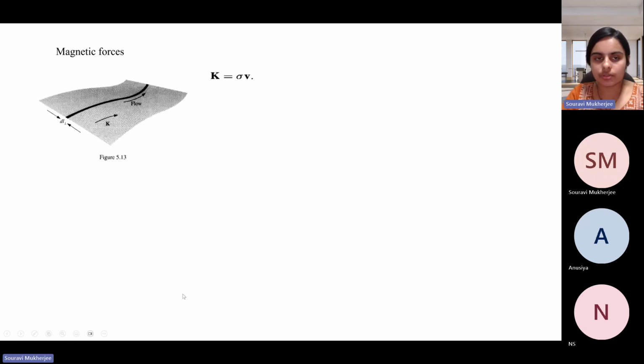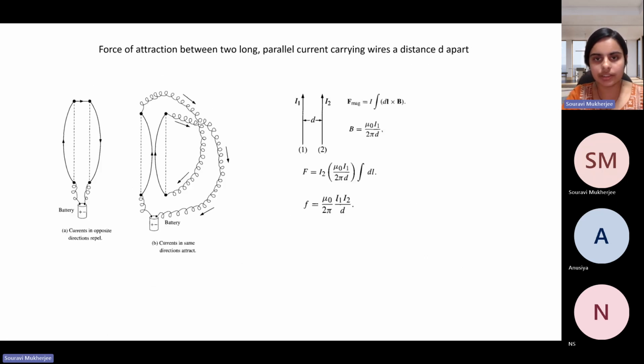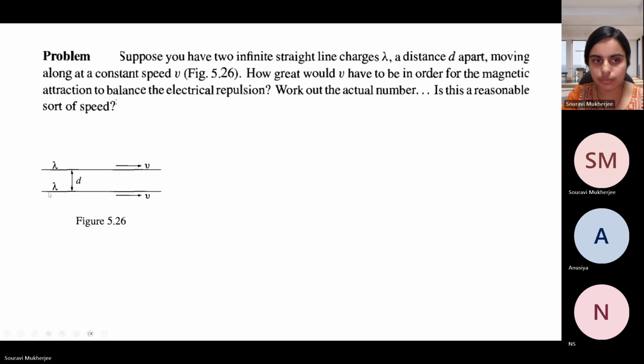So in this question, it boils down to the fact that you have two wires where the effective current in each wire is lambda into v. And the question is: how great would v have to be in order for the magnetic attraction to balance the electrical repulsion? It's important to solve this question because it would tell us something.